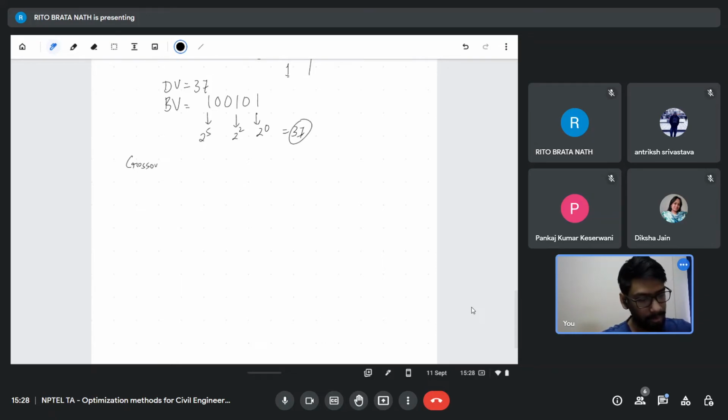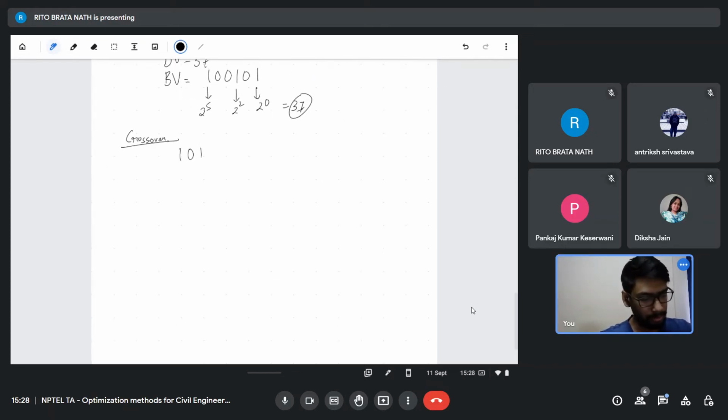This is crossover. Suppose I give you two solutions, say 101001, and then another solution, 110100. Now suppose the crossover site is given, say the crossover site is 3.